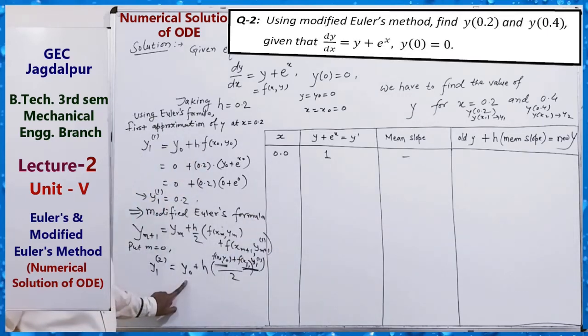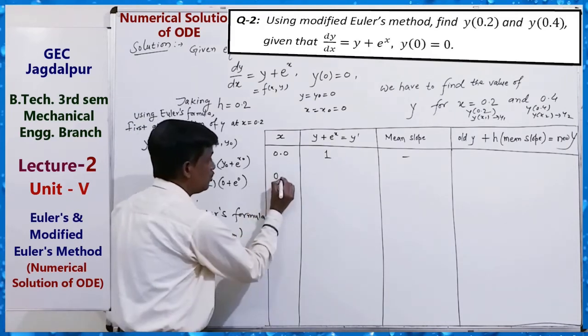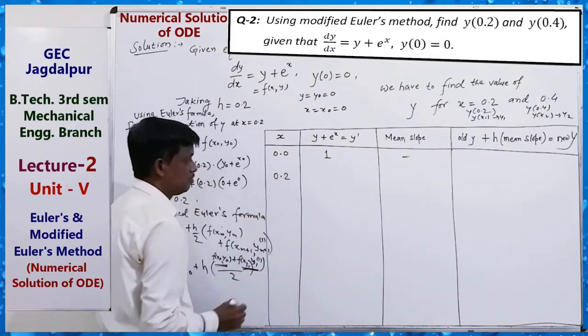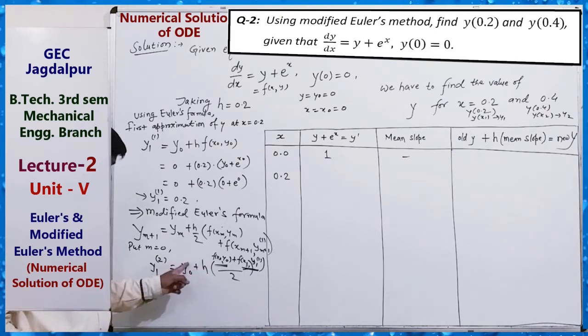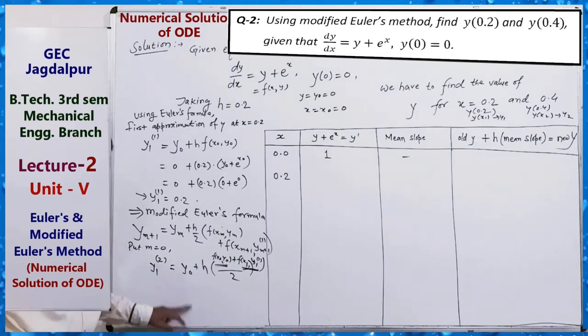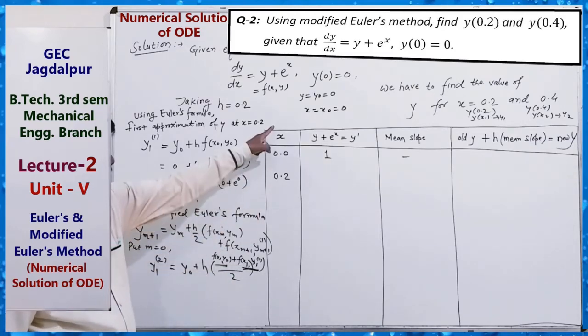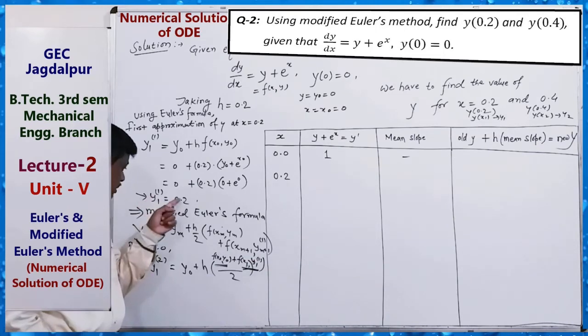For the value of x1 equals 0.2. Just looking at this formula, we can see that y0 is always written here. Clear? Always. But the value of x is x1, and y1 is the first approximation from here.